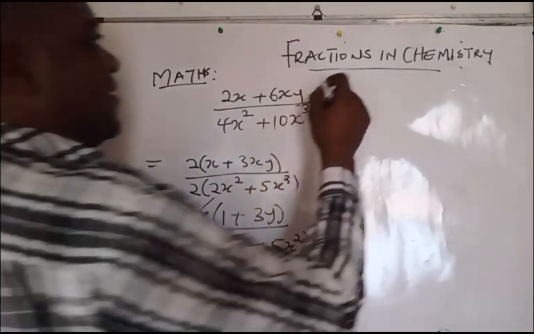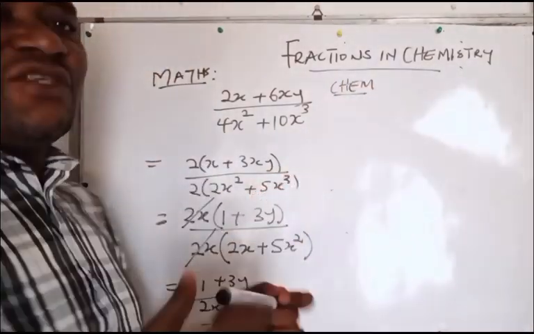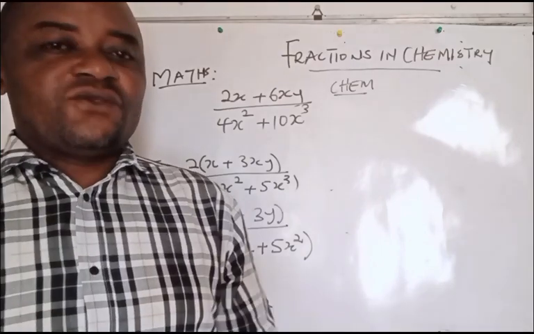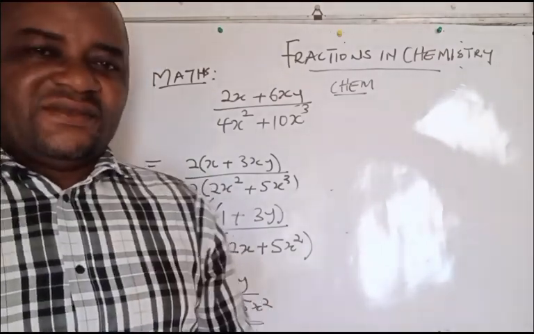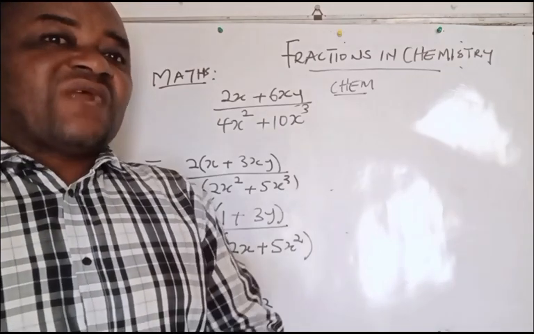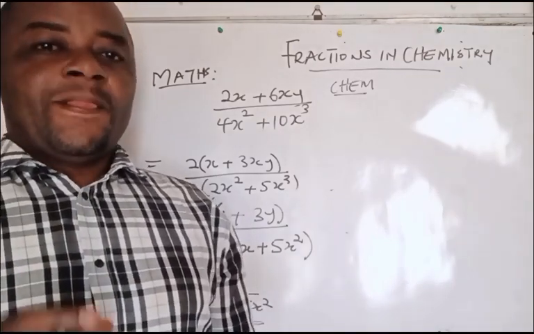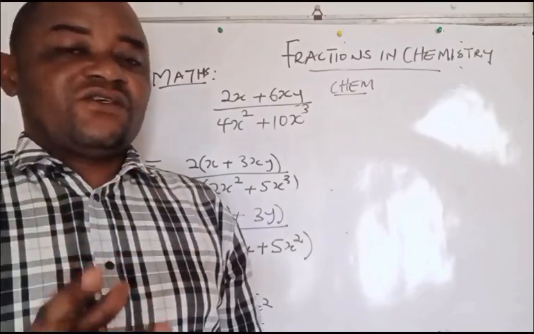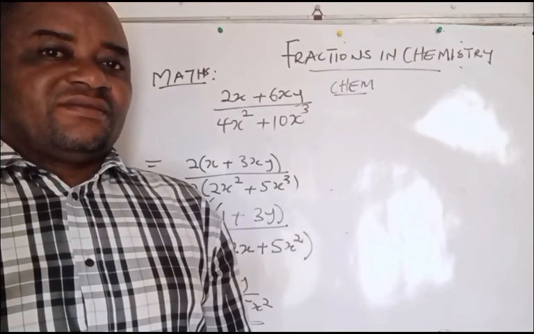But how do we apply the chemistry part of it? How do we apply the chemistry approach? I'm using fraction in mathematics to solve a chemistry problem. You can be asked a question. For example, what is the fraction of hydrogen? Or the fraction of water? Let's say the fraction of the mass of water in hydrogen.